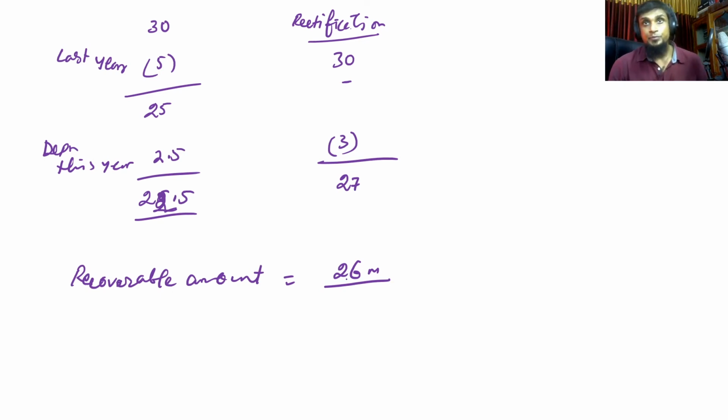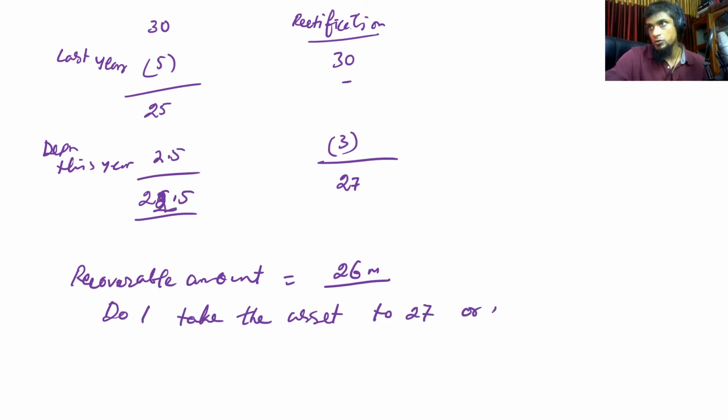This time the question is, do I take the asset to 27 or 26? To 27 or 26? Anyone give me the answer? Whoever got that? So it will be 26. Thank you very much. That's the correct understanding.